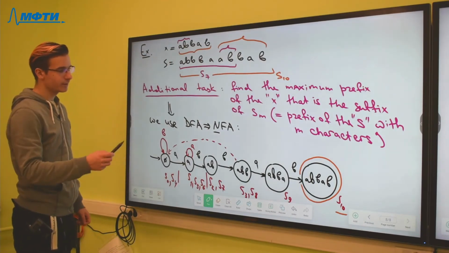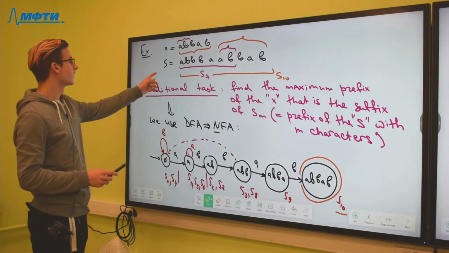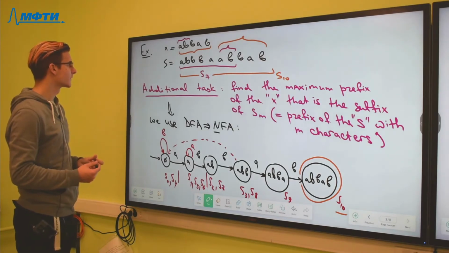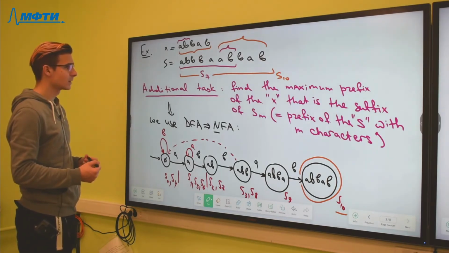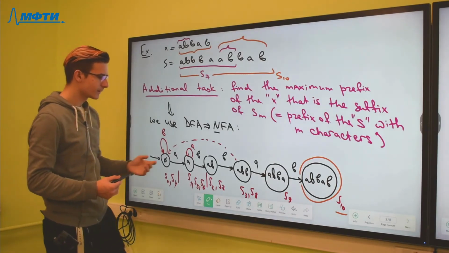For example, now we see that the substring equal to all of the string S is here.